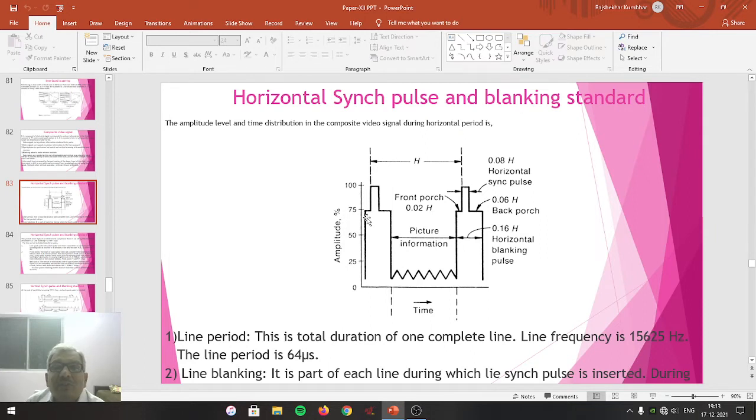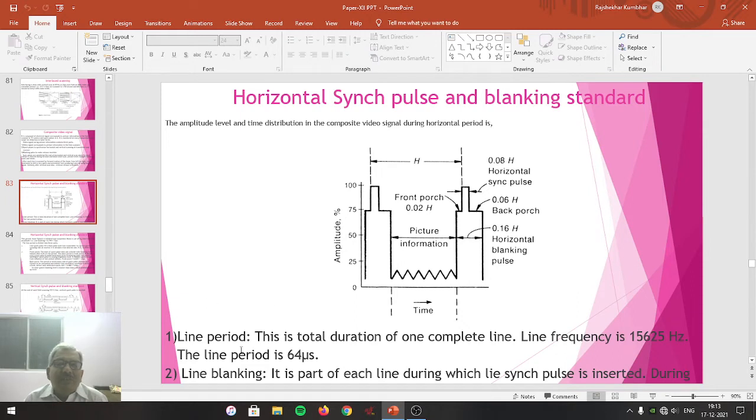When sync pulses go to the black level, the screen is automatically turned off. Friends, these blanking standards are adopted by the CCIR standard being used for the television communication system. Details of these pulses we are describing now.